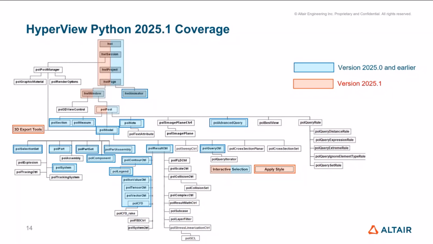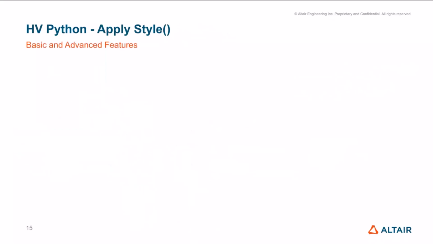Then we added for the page and window classes, especially for animation window, new options. They will be mentioned later. And also interactive selection has been drastically improved. And also the apply style, a completely new class. It was on top of the list from users to support this. I will start here with the apply style.